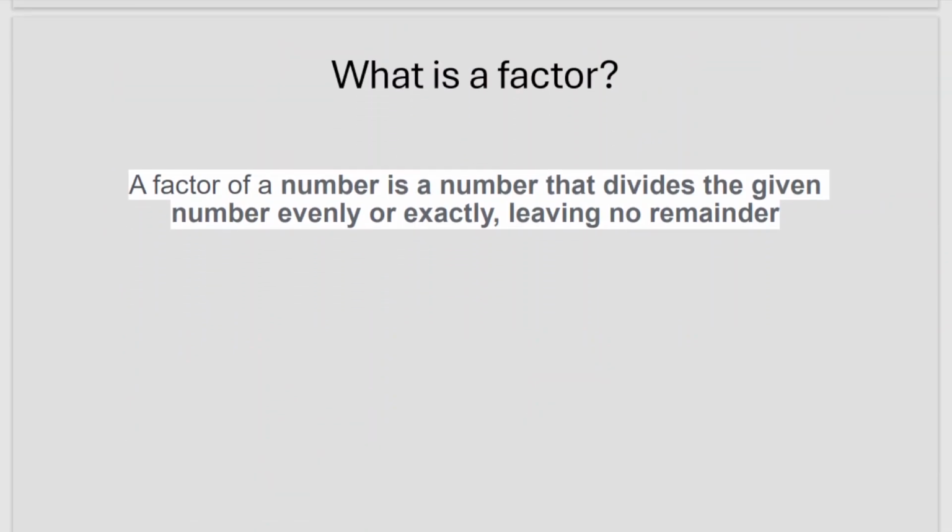Now coming to terms, what is a factor? Let me discuss what a factor is. A factor of a number is a number that divides the given number evenly or exactly, leaving no remainder. What is the meaning of that? Suppose I have the number 12 and I want to write the factors of it. You will tell me, sir, the factors will be 1, 2, 3, 4, 6 and 12.